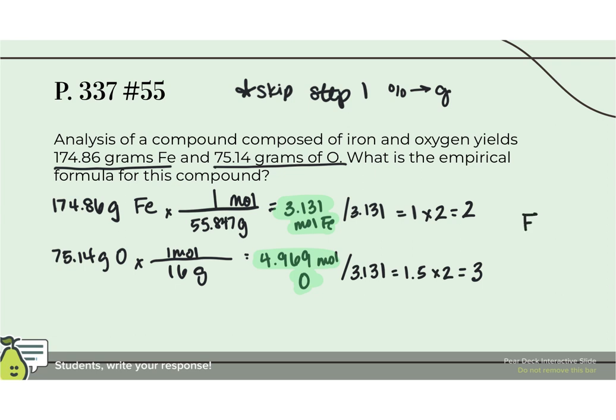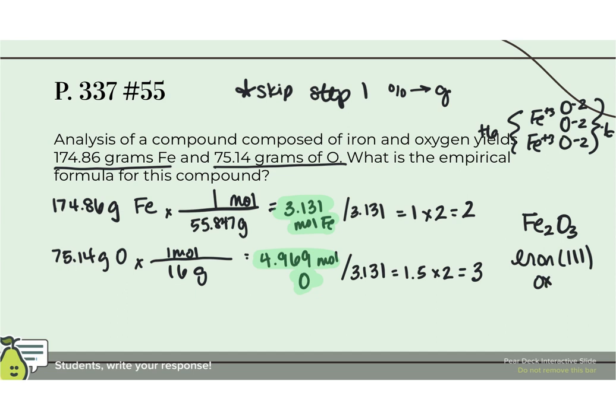This is Fe2O3. And specifically, if we look at what kind of iron this is, oxygen has a -2 charge, so 3 oxygens are -6. The 2 irons have to be +6, so these are irons with a +3 charge. So this is iron(III) oxide.